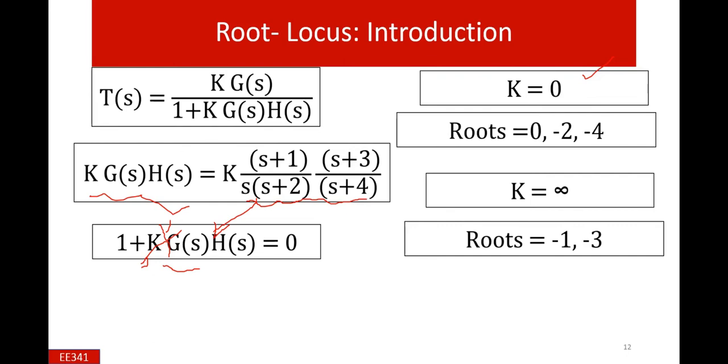There are three locus lines starting from the 3 points and ending at the 2 zeros. It means the third line will end at infinity.